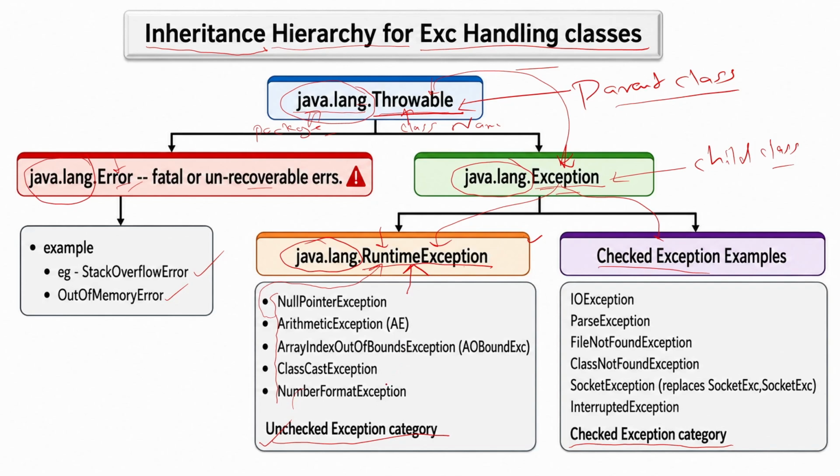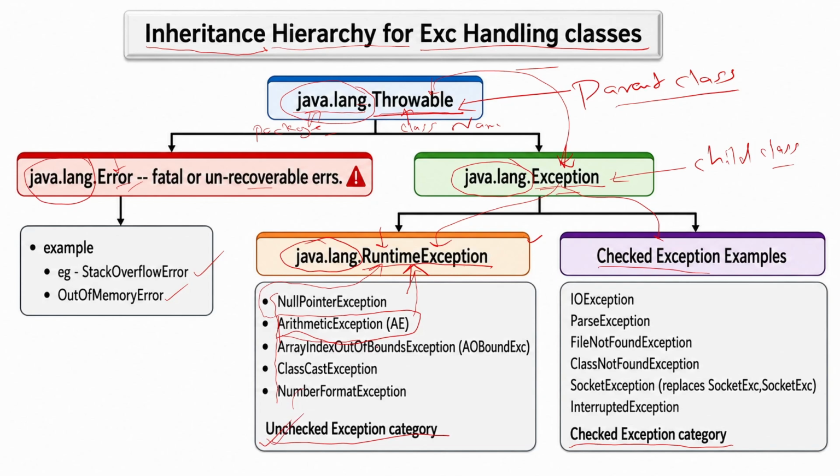I repeat: we will be having different exception classes. In the last example we saw ArithmeticException. This is one class, a child class inherited from RuntimeException. Since ArithmeticException is inherited from RuntimeException, we call it an unchecked exception.